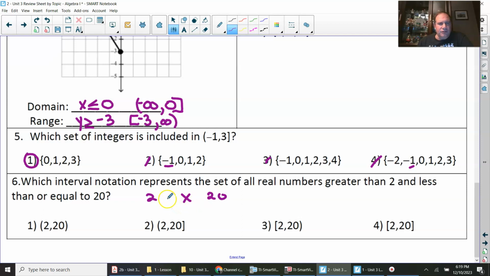So 2 is less than x, and x is less than or equal to 20. Good. All right, so this right here is what I'm looking at. So 2, 20 is in every single one. Greater than only is a parenthesis, and less than or equal to is a bracket. So we're looking for a parenthesis around 2 and a bracket around 20. That's good. This is not.